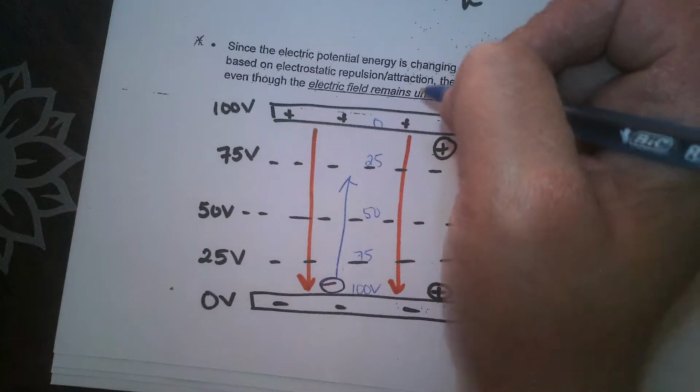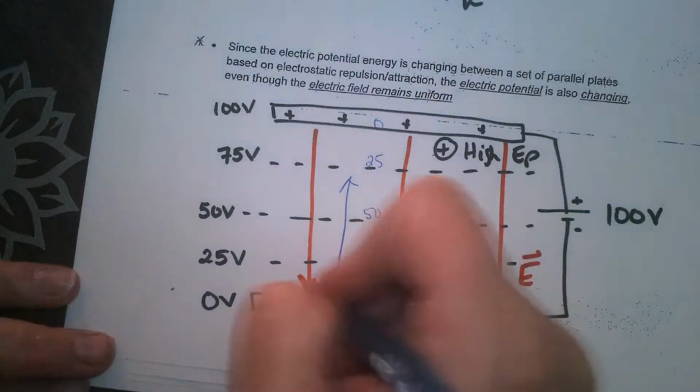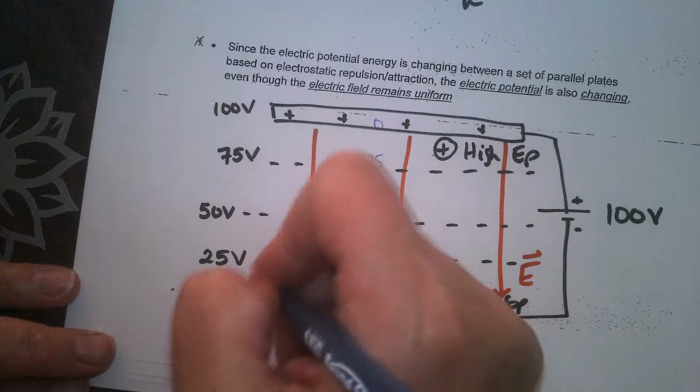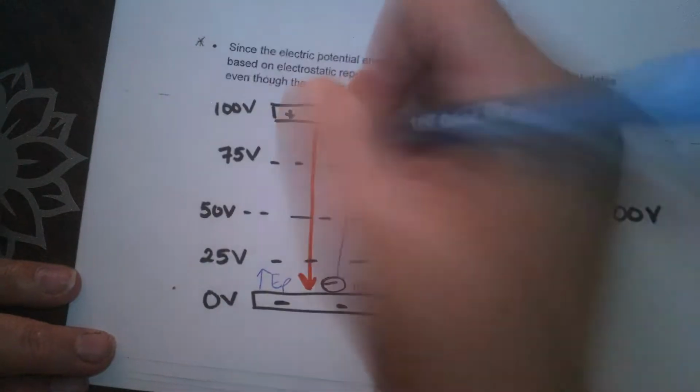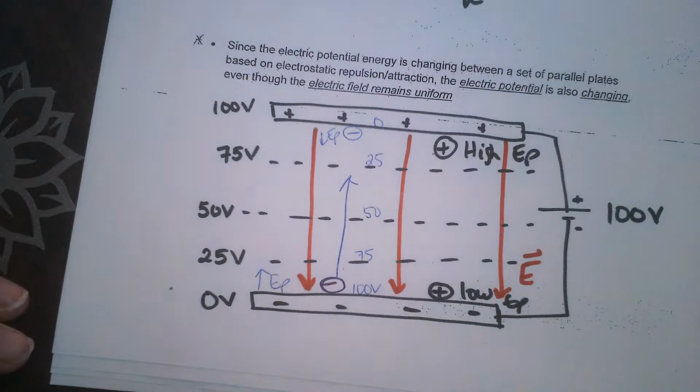This is very high EP, and when it gets here, this is very low EP for a negatively charged particle. The red lines go down because the electric field strength always flows away from the positive plate and always in towards a negative. Always, never changes.